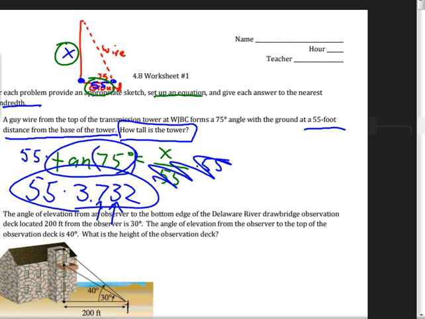Did anybody else get 200 and something? Okay, 205 point what? 0.26. Is that rounded correctly? Did you get 26 also? Okay, good. And then this one, we have to have correct units on, otherwise you will lose the points. Because that's not chickens, it's not degrees, it's not inches. What is it? Feet.